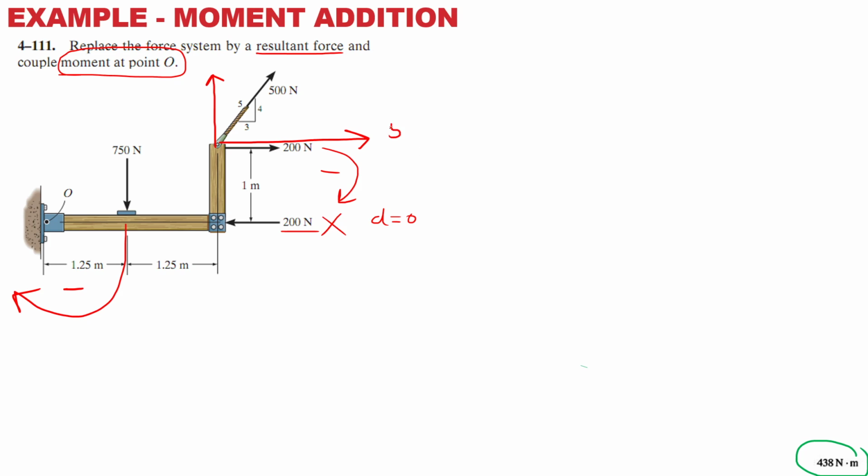This one, 500 times 3 over 5, multiplied by the distance. The distance is easy, 1. The horizontal one, no. Vertical is 4 over 5. 500 times 4 over 5 times the perpendicular distance.